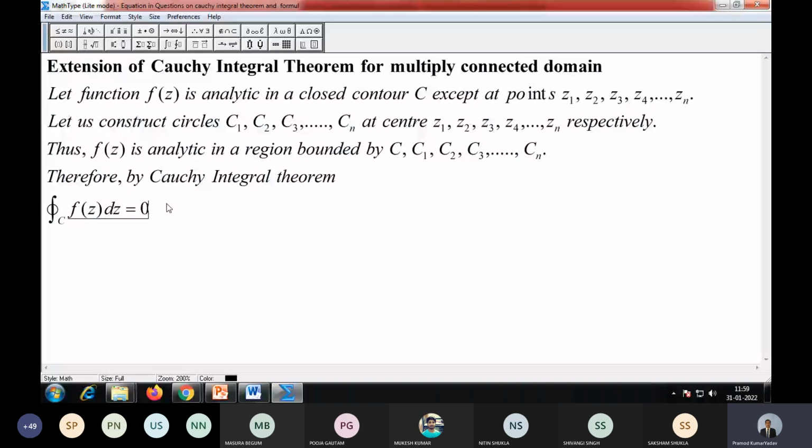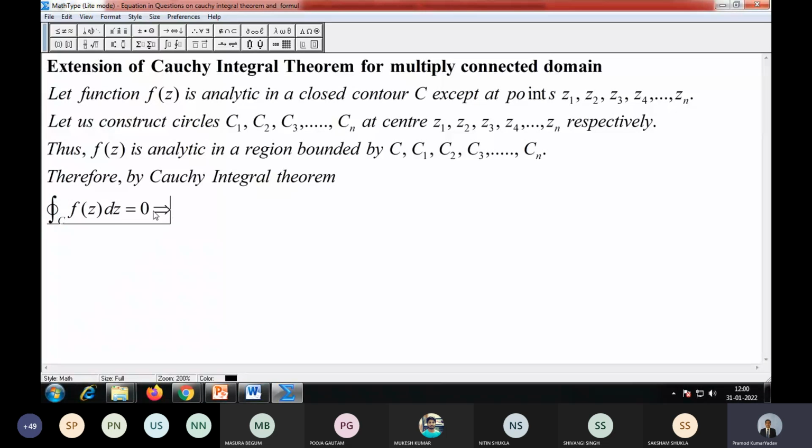I am breaking it into parts. This plus this equals 0.